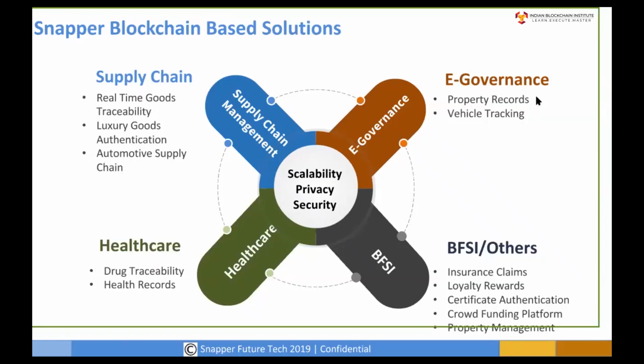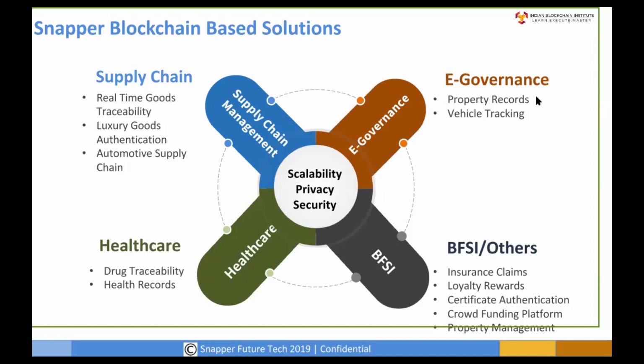And these are some of the solutions which we have built in supply chain, e-governance, banking and financials, and healthcare. In supply chain, we have POCs on real-time goods traceability, luxury goods authentication, and automated supply chain.